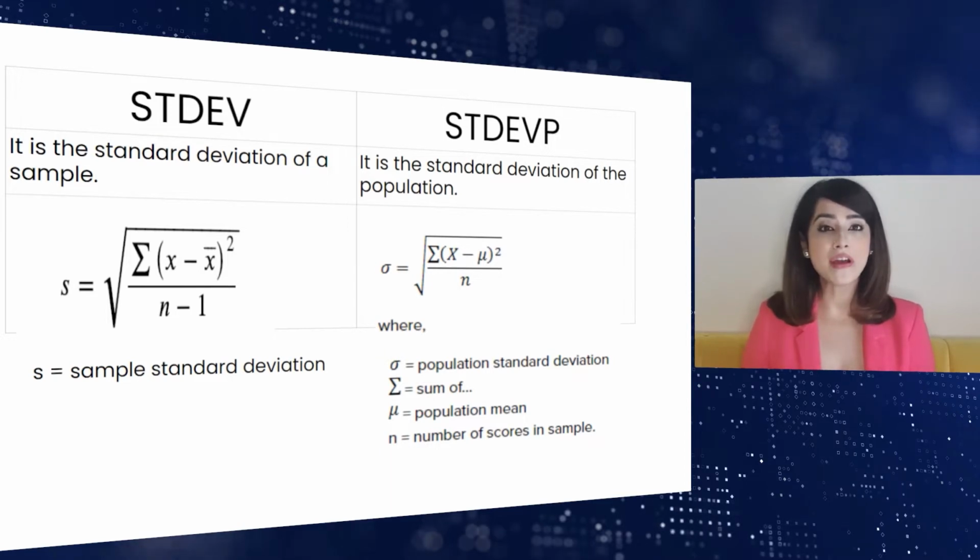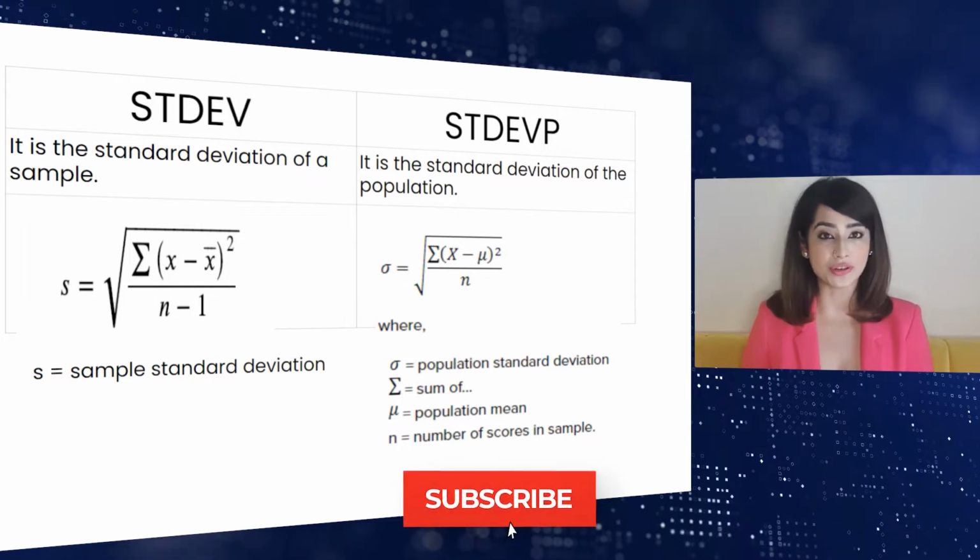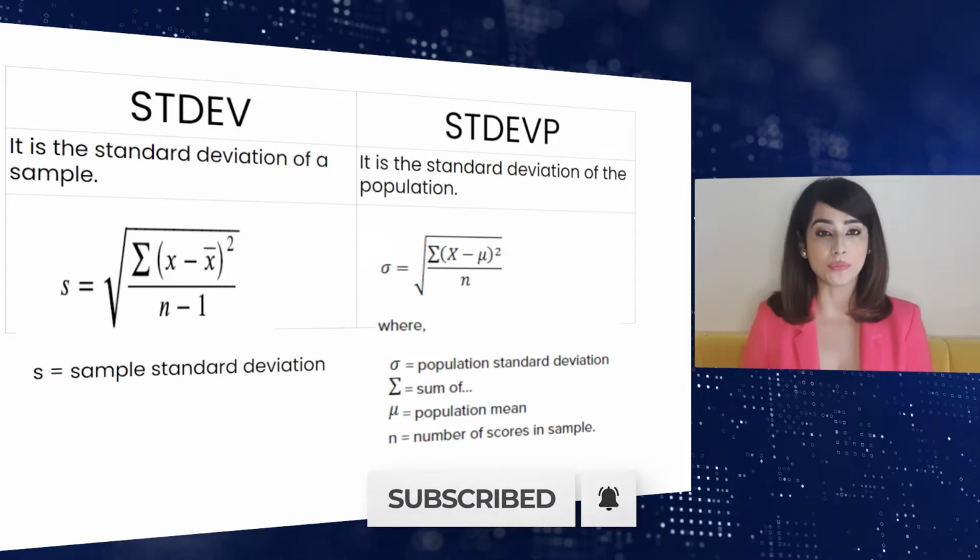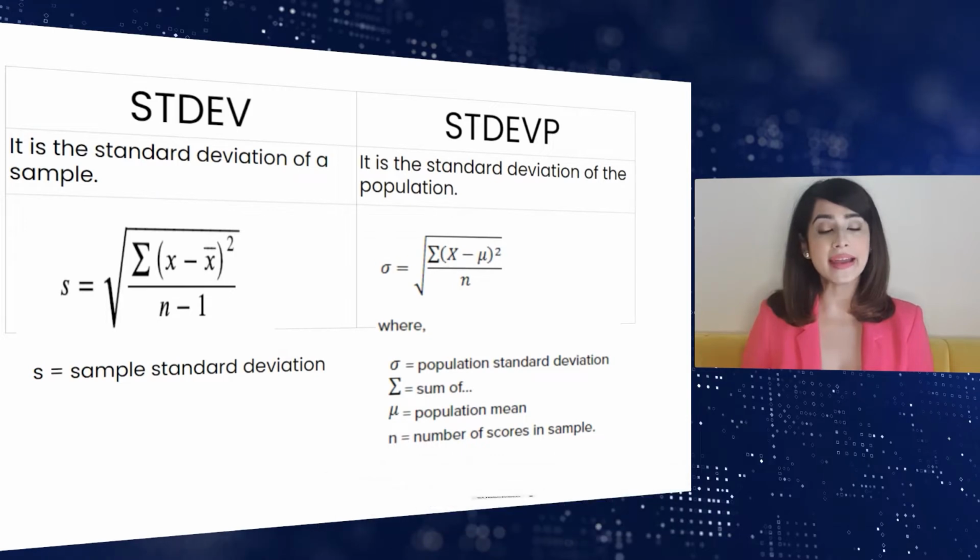The formula for finding the standard deviation of a population is the square root of the sum of the squares of differences between each observation and the mean of all observations divided by n, where n is the number of observations in the population.